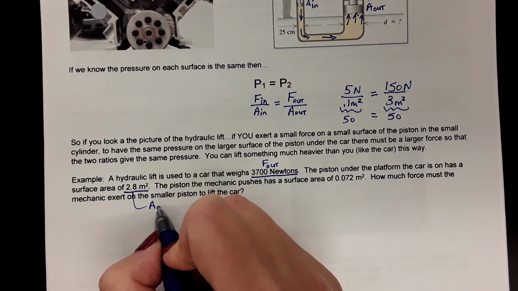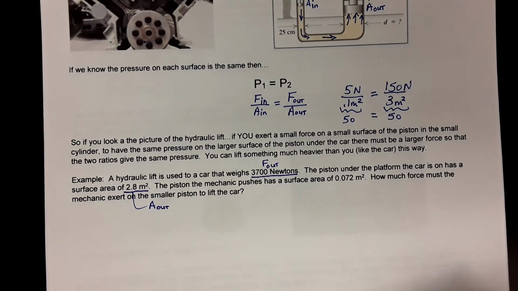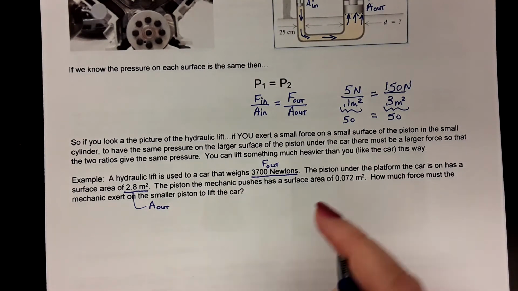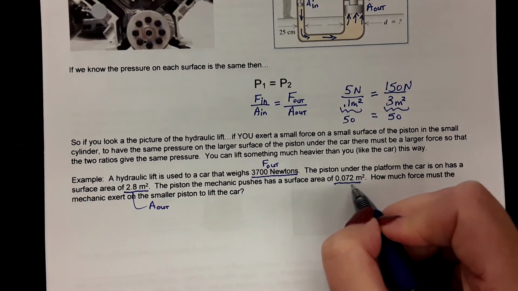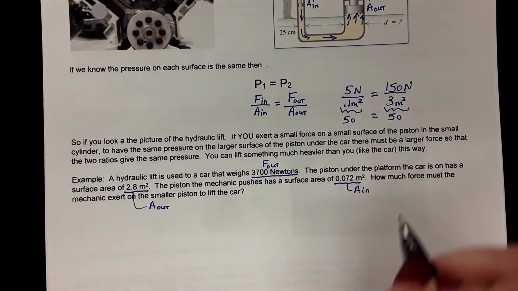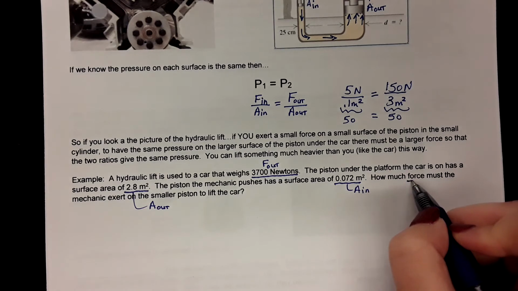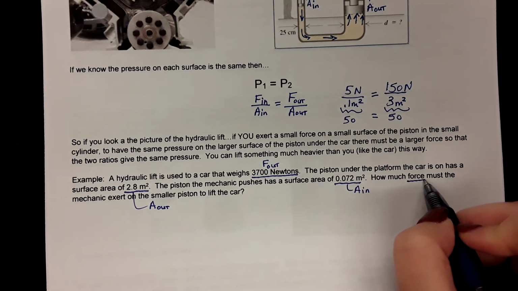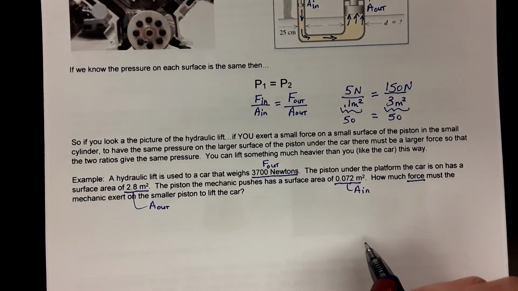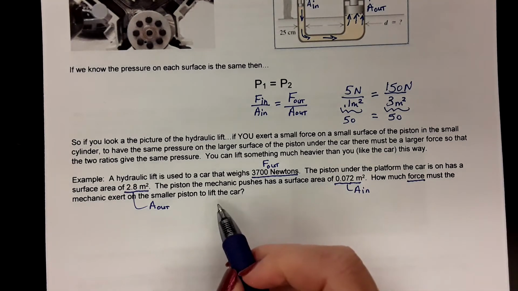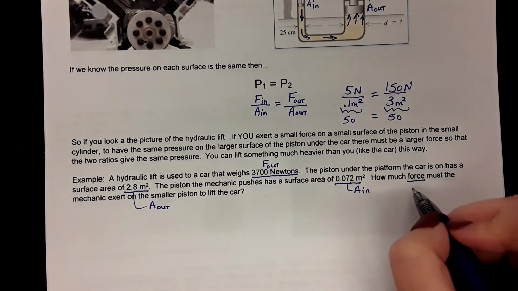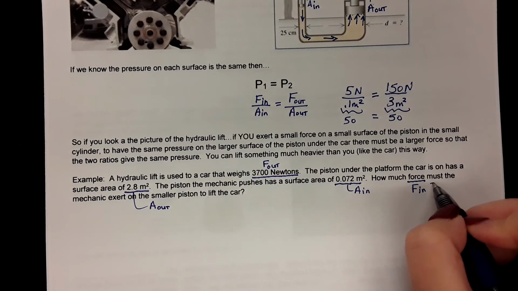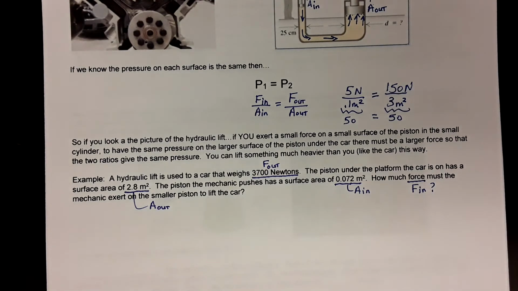That's going to be the out area, the out piston. The piston the mechanic pushes has a small surface area. That's going to be in. And we want to know how much force the mechanic must exert on this smaller piston in order to get out this much force.